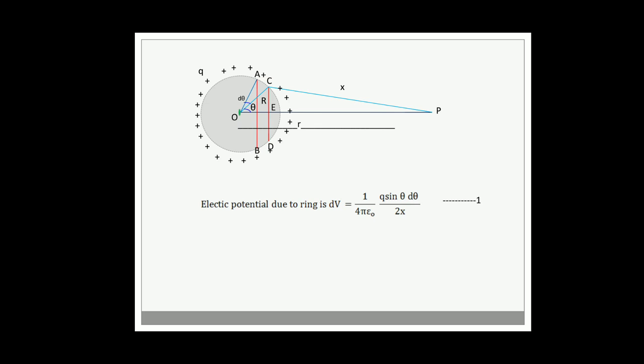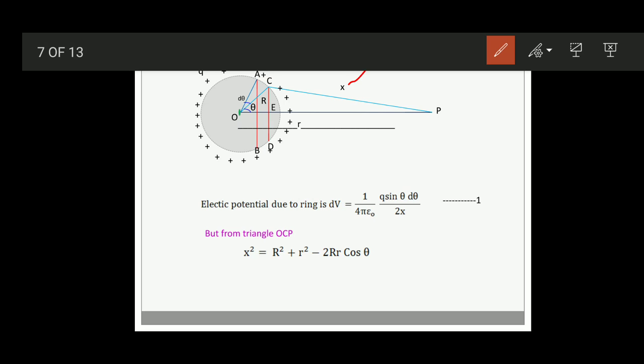So how can we do that? By taking the triangle OCP, that is x square is equal to capital R square plus small r square minus 2Rr cos theta according to the cosine formula.